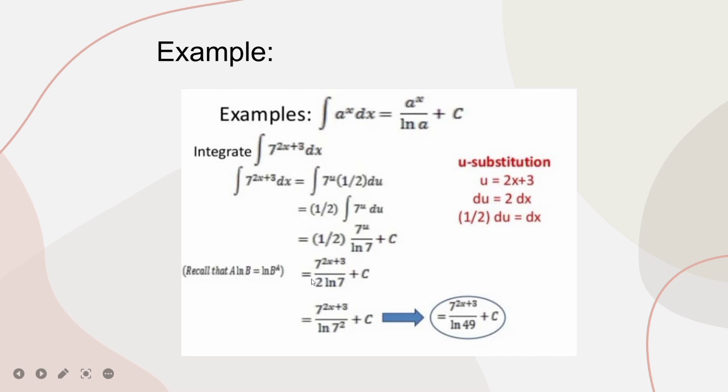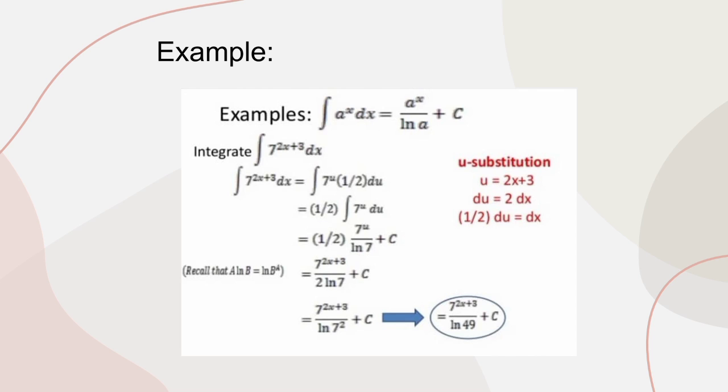So, it is equal to 7 raised to 2x plus 3 all over 2 ln 7 plus c. So, for our final answer, 7 raised to 2x plus 3 all over 2 ln 7. So, 2 ln 7 plus c. That is our final answer for integration of exponential functions.